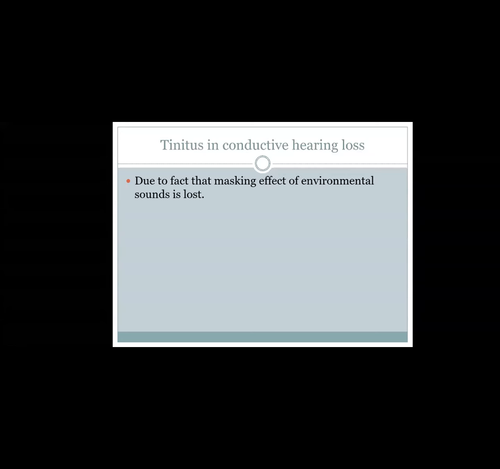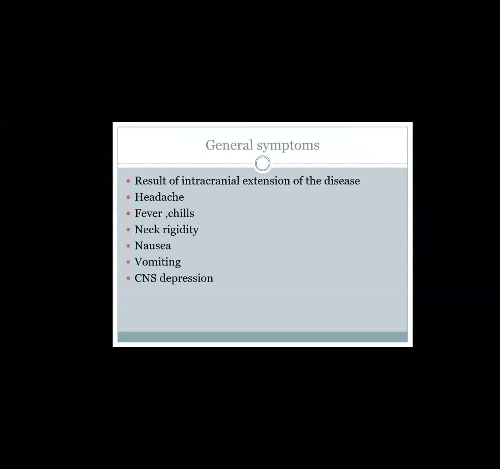Okay. Then moving on, finishing the local examination, local symptoms of any person who comes with an ear problem, we have to look for intracranial extension: headache, fever, chills, neck rigidity, nausea, vomiting, everything. Headache, you have to rule out whether there is any complication of sinusitis, any sigmoid sinus thrombosis.